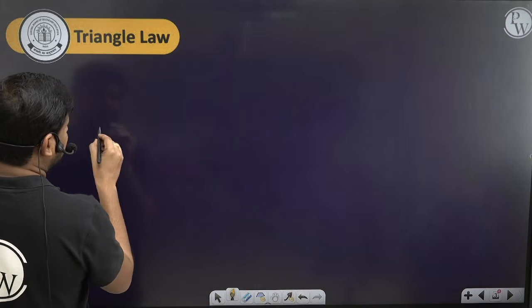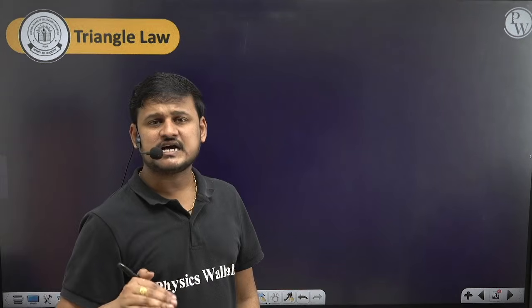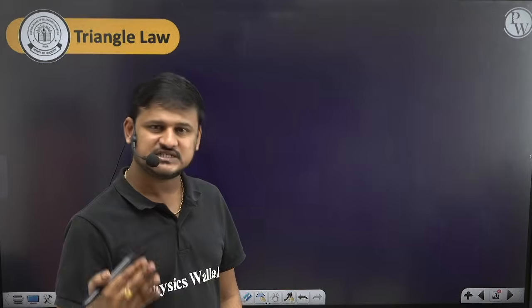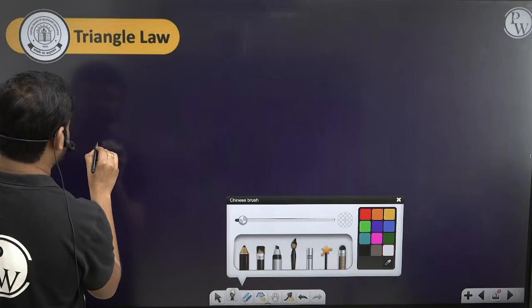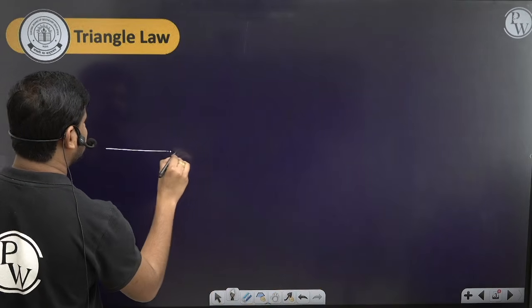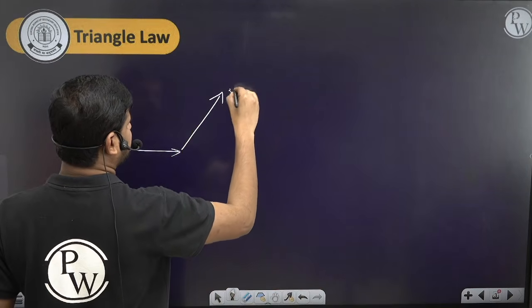First, geometrically, the triangle law says that when two vectors are joined in the same sense, see here, suppose I take the vector A like this, and then the vector B this way.